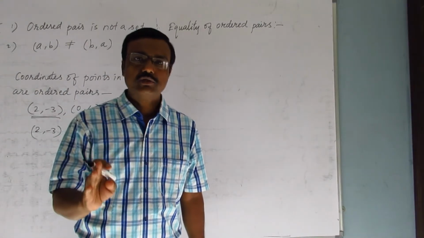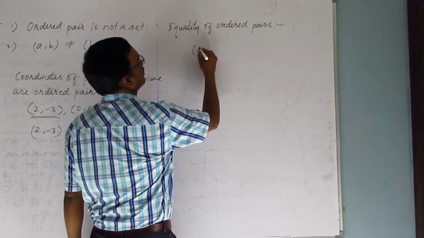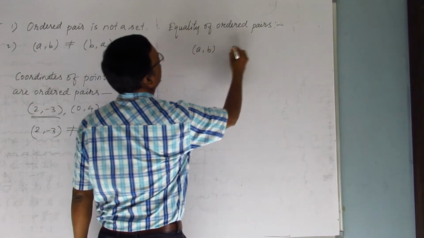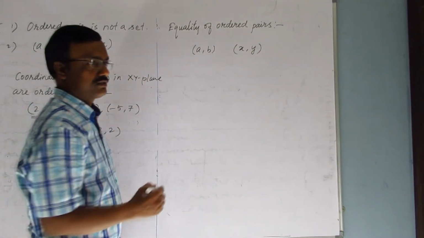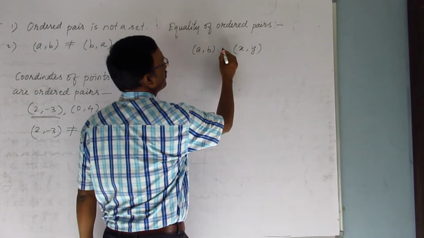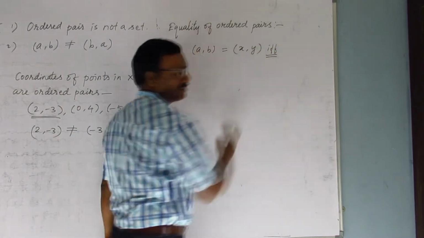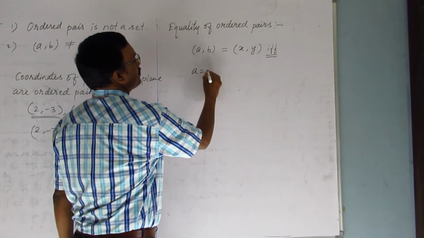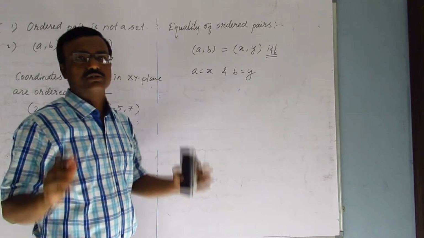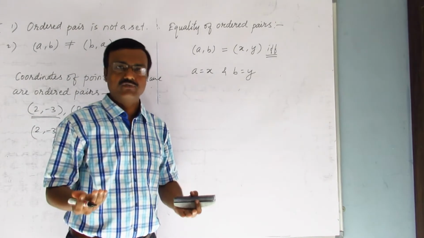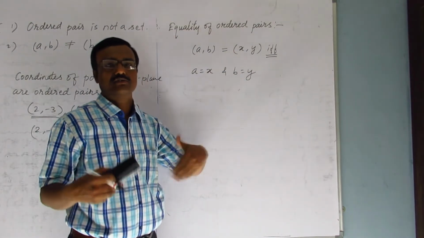Now let us see equality of ordered pairs. Suppose (a, b) and (x, y) are 2 ordered pairs. So we can say this ordered pair is equal to this ordered pair if and only if a is equal to x and b is equal to y. So 2 ordered pairs are equal if and only if their corresponding position elements are also equal.